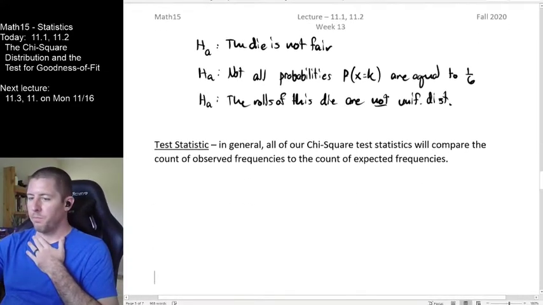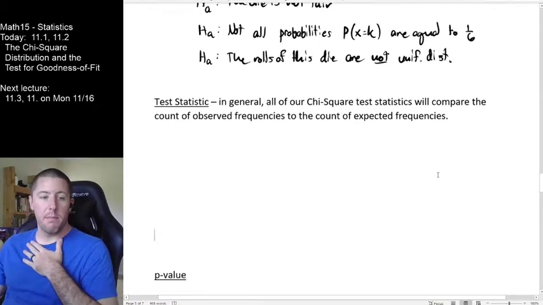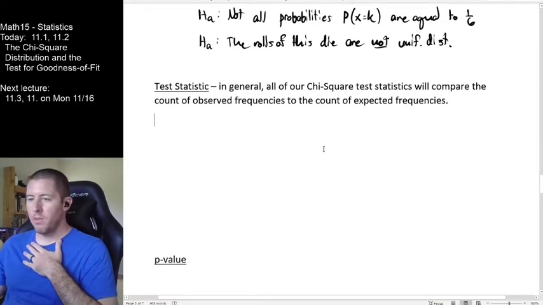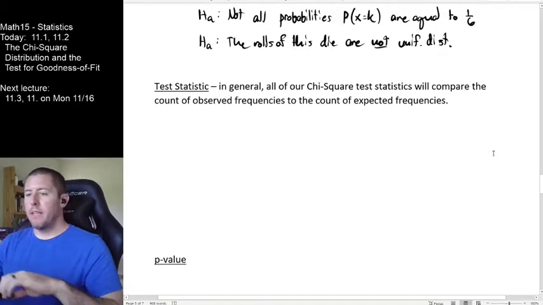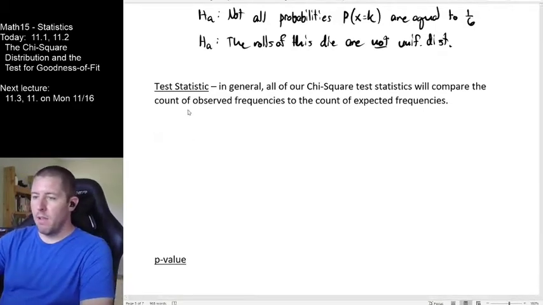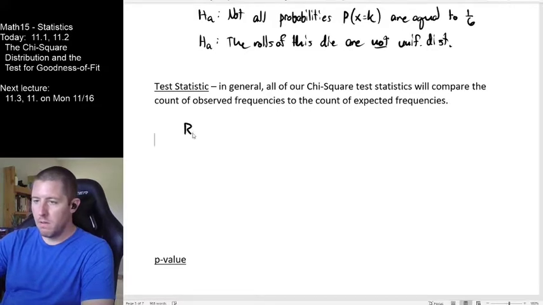And by the way, Excel is going to be incredibly useful for us here today. We'll do both of these by hand and in Excel. So I'm going to make a little table, and I'm going to start my table like this.